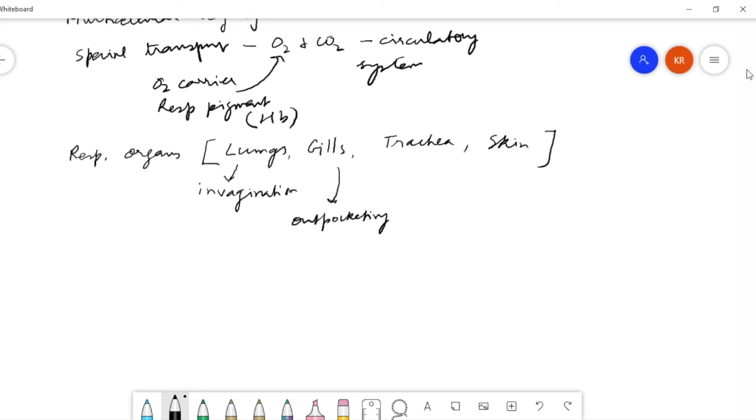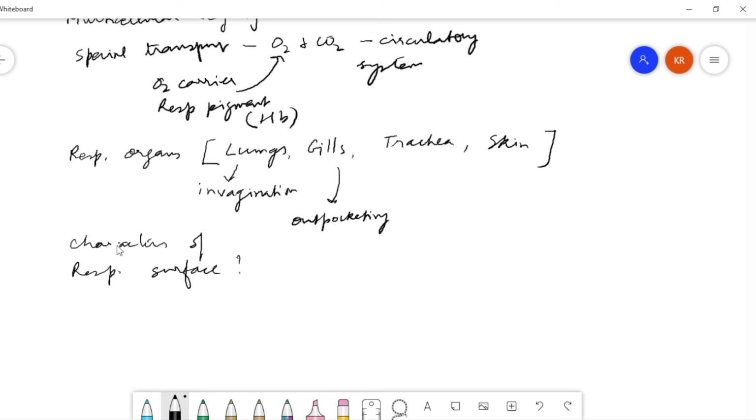If you try to find out what is the common characteristic of lung, gill, trachea, skin, or any other respiratory structure, we will find that they have common characters. So what are the characters of a respiratory surface?